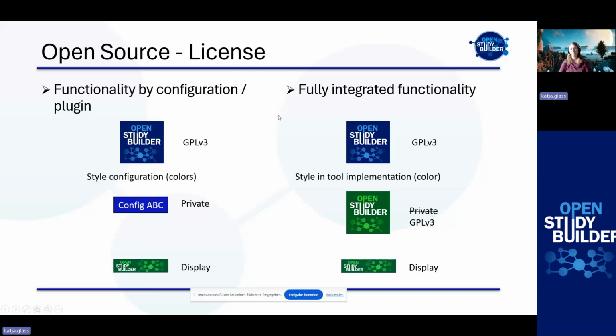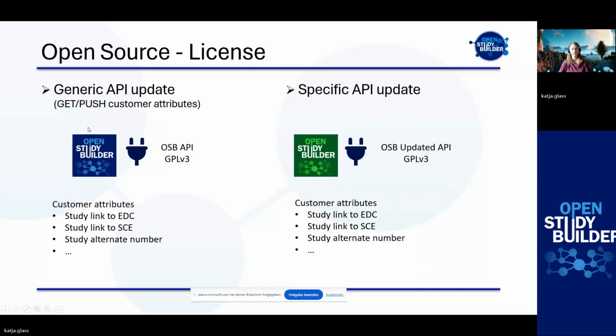So the question really is, could we update the OpenStudyBuilder to run with configurations, or do we really want to do code changes? The same is for APIs. I mean, you could do generic API updates, like the support of custom attributes, whatever it is.